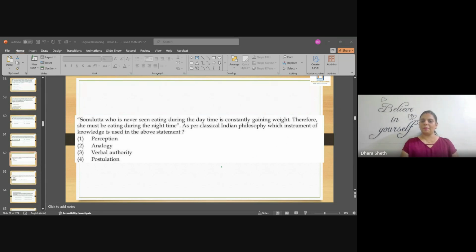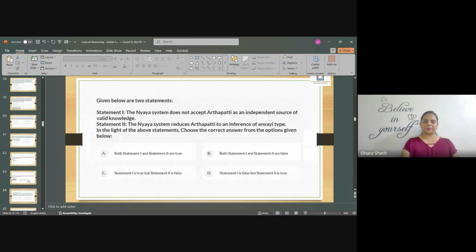With whom are we comparing her? We are just saying that she is not seen eating the day, so she must be eating in the night. That is why she is getting fat. Okay, it is presumption.